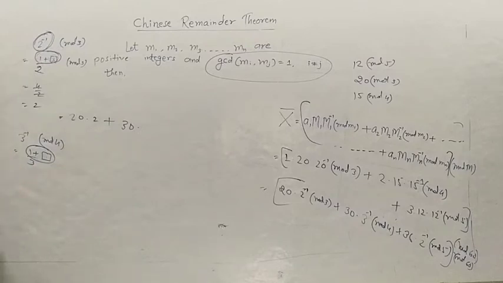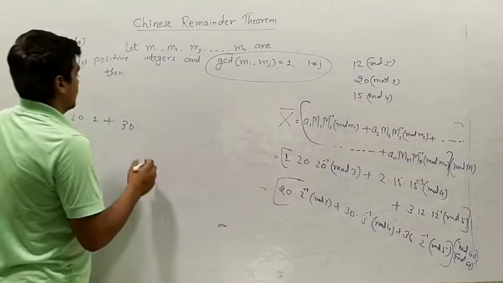Okay, so if we add 4 1 is 4, 4 plus 1 is 5, 5 is not divisible by 3. 4 2 is 8, 8 plus 1 is 9, and 9 is divisible by 3. So we add here 8. Okay, so 8 plus 1 is 9, 9 divided by 3, that is 3. So 3 inverse can be written as 3.